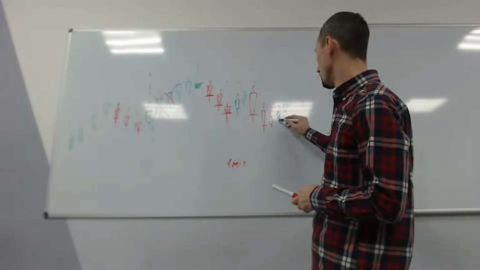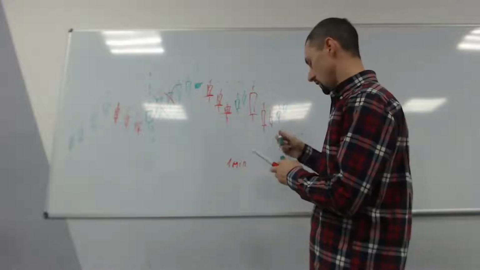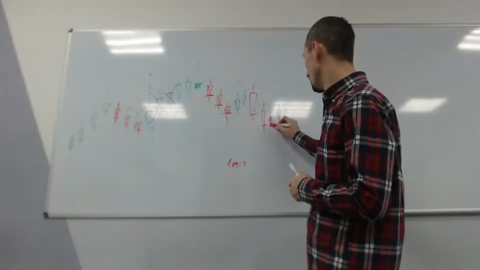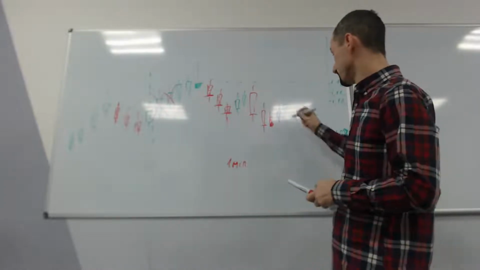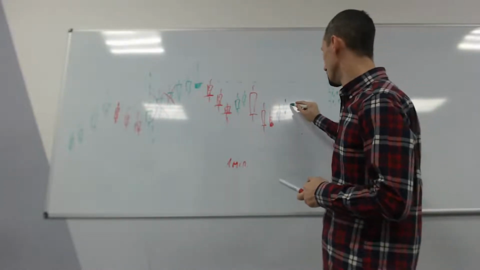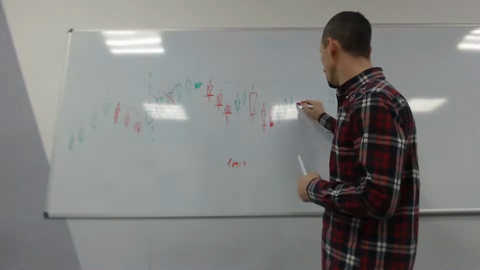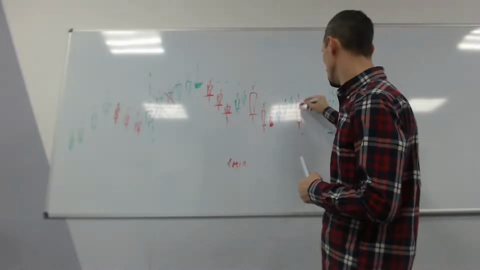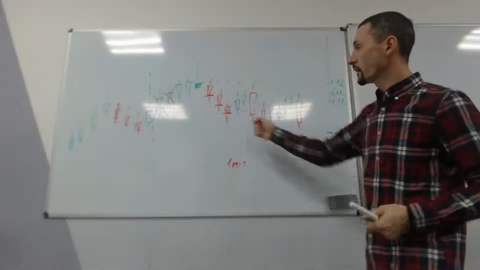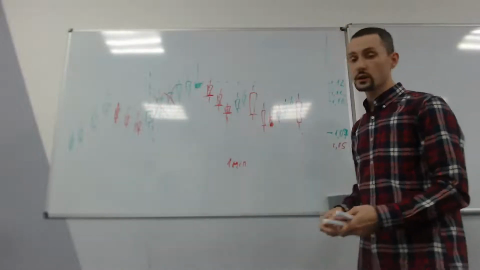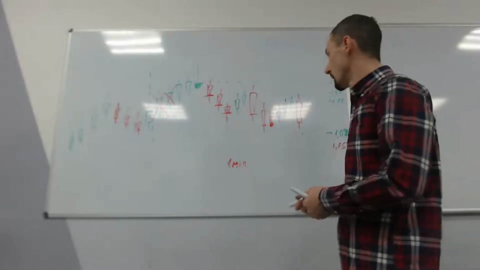Oh no, it will be the green one. This will still be a red one. Here, a little bit here, and here. We don't know. We can see only some kind of flat, and we don't understand if there is any trend or not.